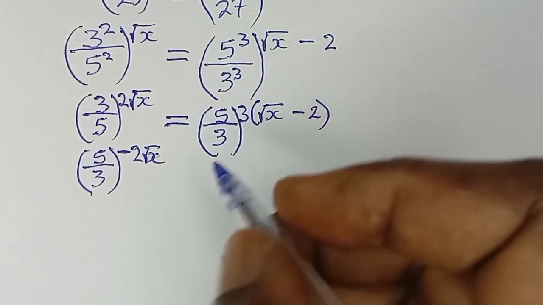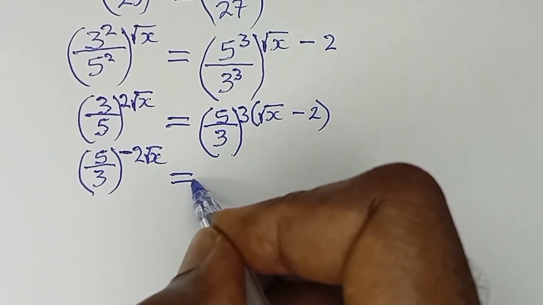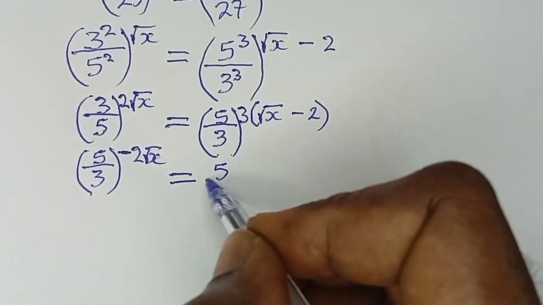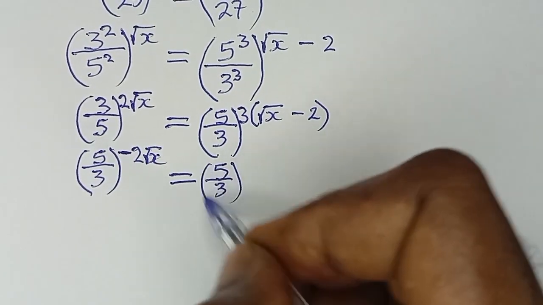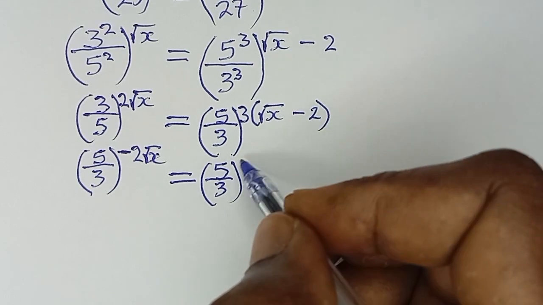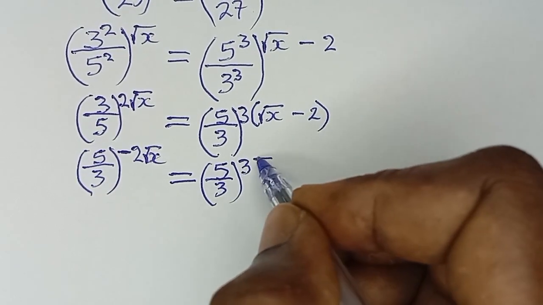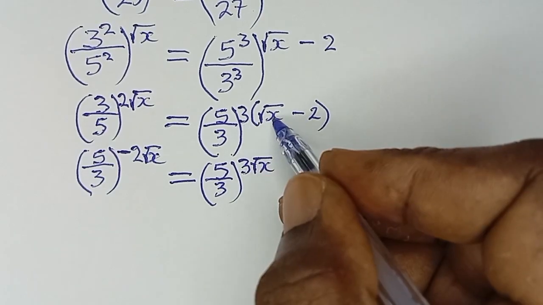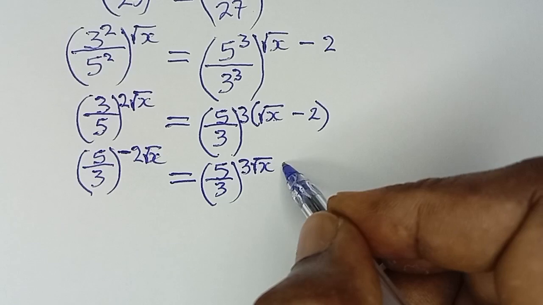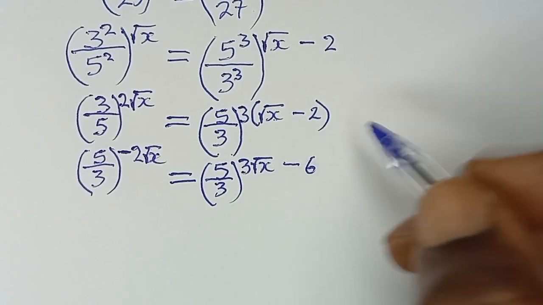And that will be equal to 5 over 3, which is already there. And then this 3 can expand this bracket to multiply it. When this 3 multiplies √x, it becomes 3√x, and then 3 multiplied by −2 is −6.